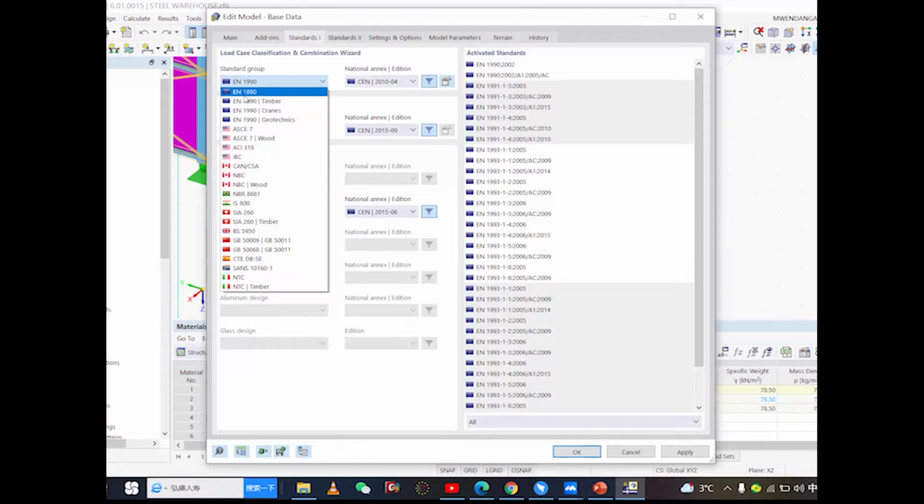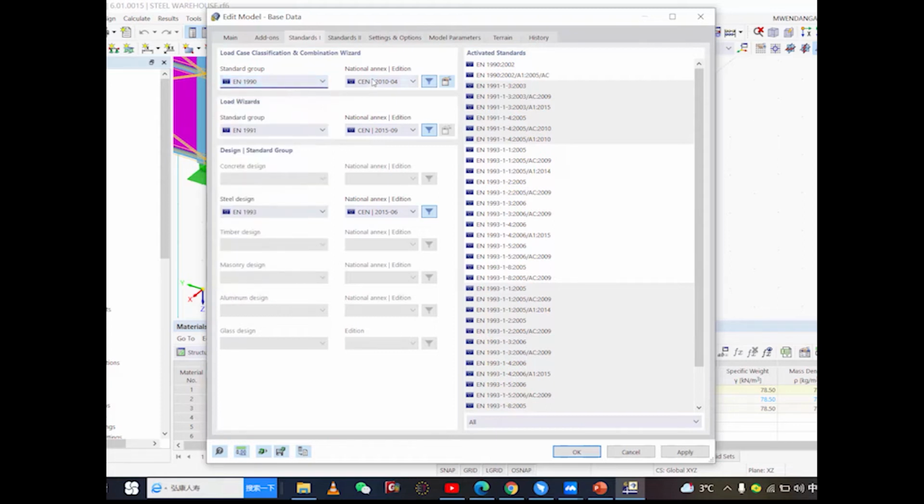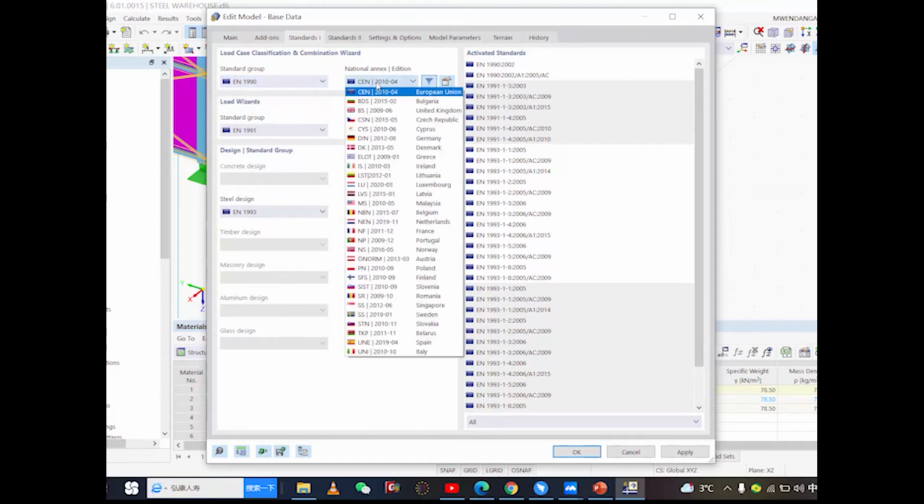You will see here we have Eurocode. Eurocode is one of the standards they use in Europe and all the European countries, but they may also have some specifications related to local cities or local provinces. We also have the national annexes that come out of this standard building code.